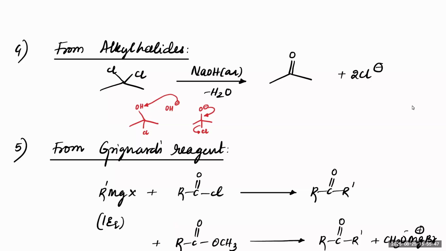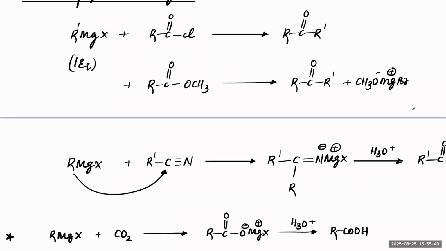Next, from Grignard's reagent, this we have learned as a part of reactions in alcohols. Grignard's reagent, generally when you take a carbonyl group, will convert it into an alcohol. But now we want a carbonyl group. That means we want aldehydes and ketones. So then we will take acid chlorides of only one equivalent.